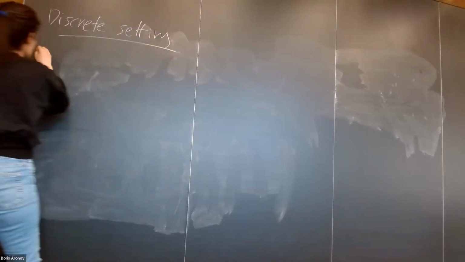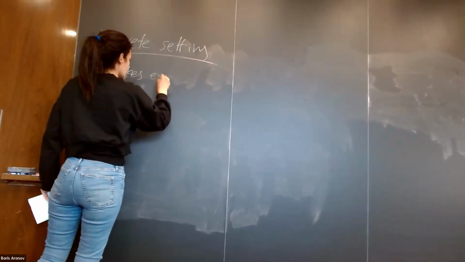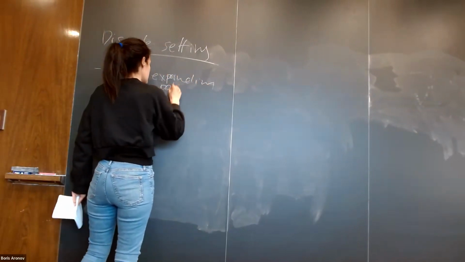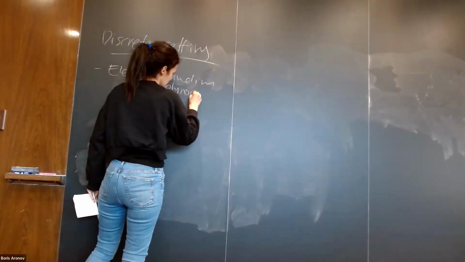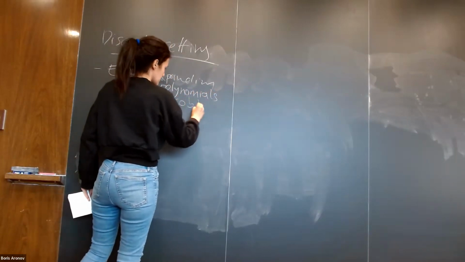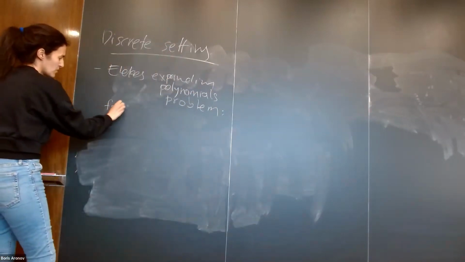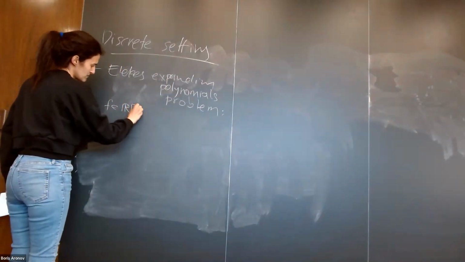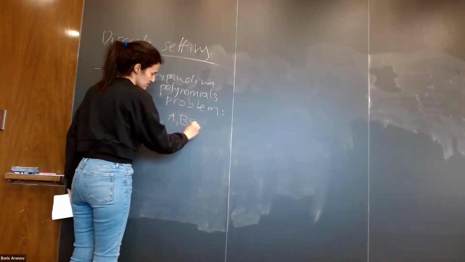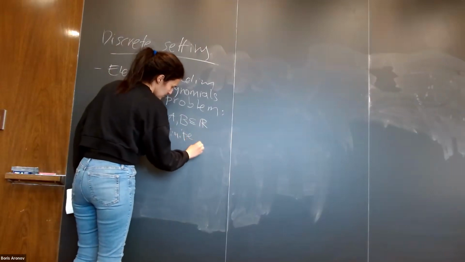So the problem of Elekes and Rónyai is the following: you have a polynomial with two variables with real coefficients, and you're given two finite sets of real numbers, A and B, each of size n.